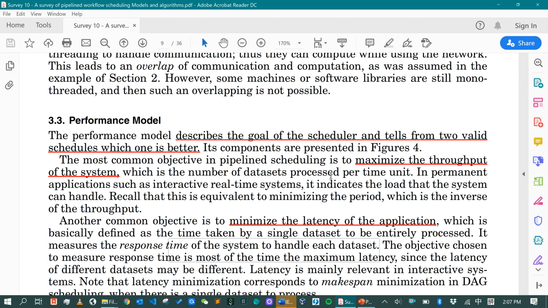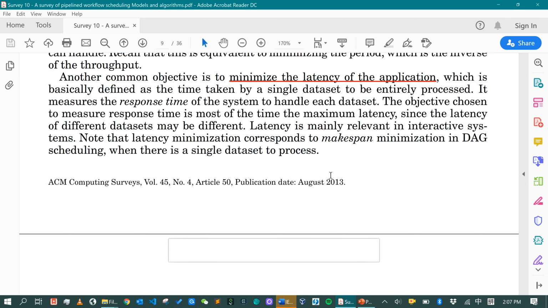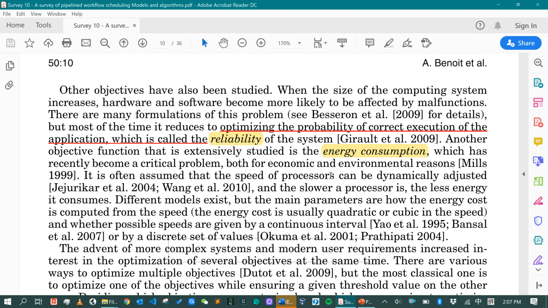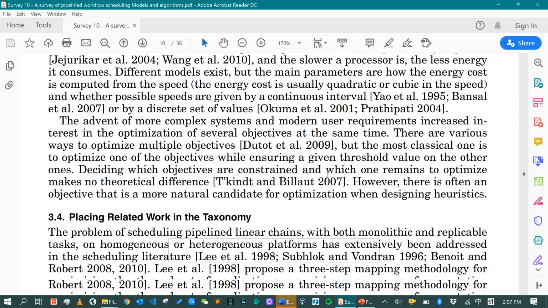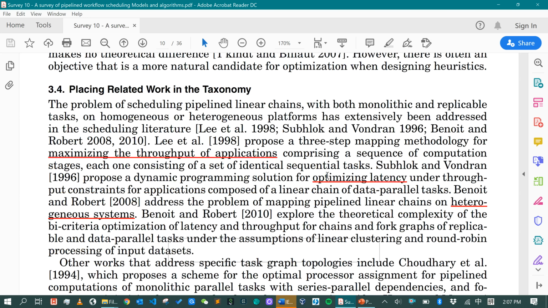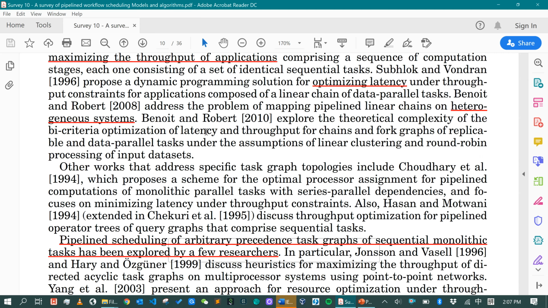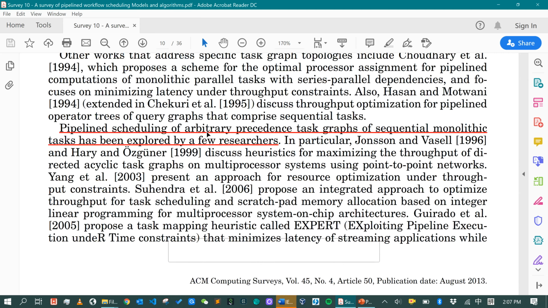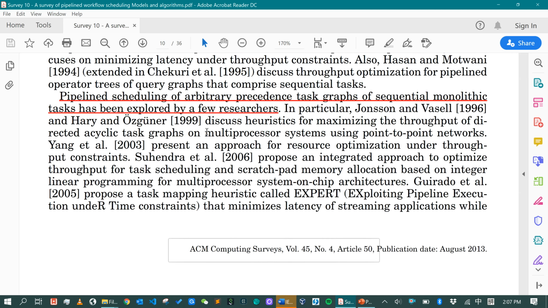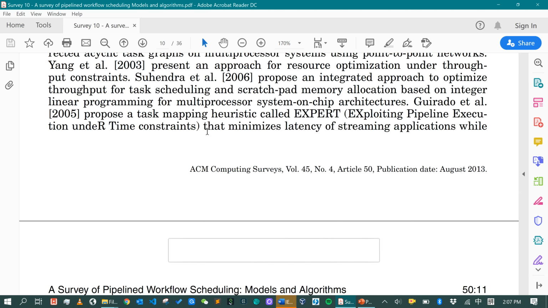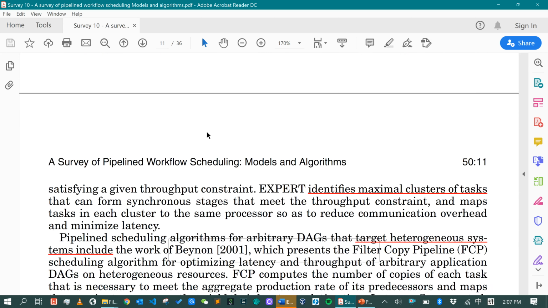Here is the performance model. Again, it covers objectives and performance metrics. Here the author lists some examples of scheduling cases that conform with the three types of models mentioned above.